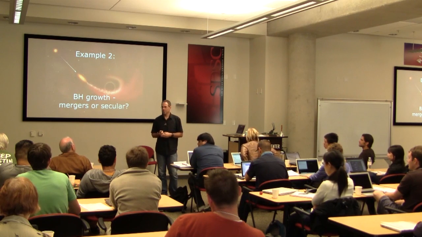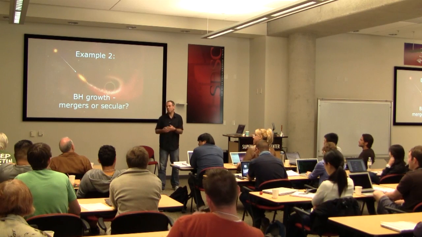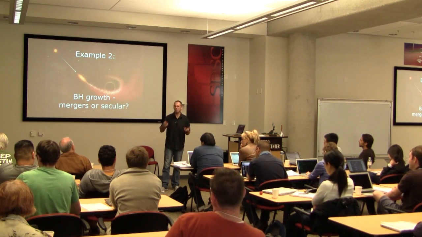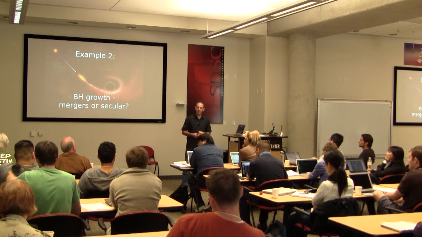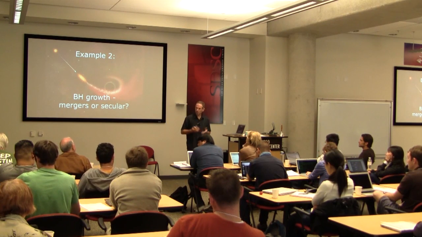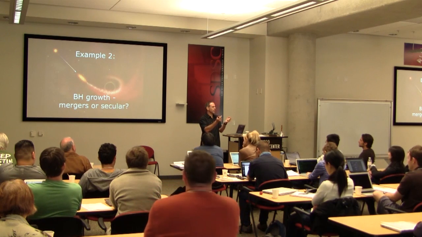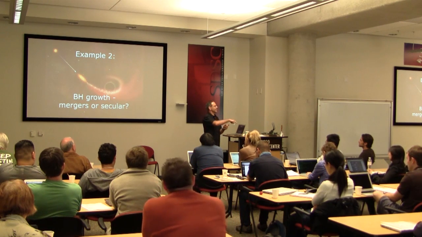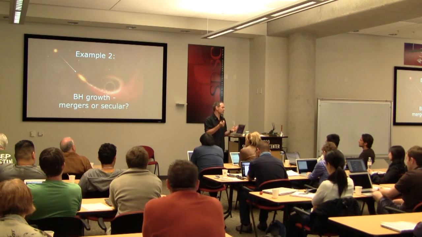I'm not saying that's the only way, but that is a way, and that was the dominant paradigm that people were exploring and discussing for a long time, and for good reason. It wasn't blindly assumed. Lots of gas. You need some way to get rid of the angular momentum to get the gas down to feed the black hole. Angular momentum doesn't just disappear on its own.